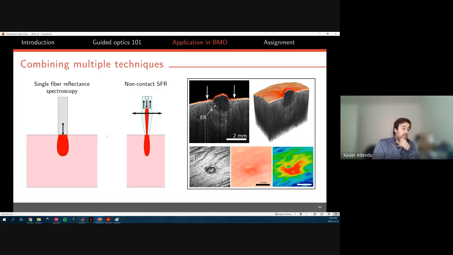So another combination of techniques is OCT with single fiber reflectance spectroscopy, where we do white light spectroscopic imaging. We acquire the OCT image, which is the black and white images that you see here.